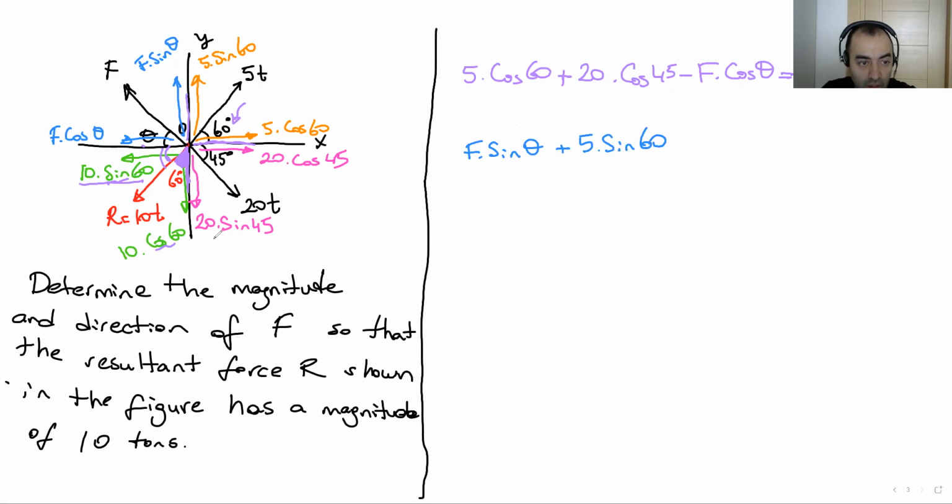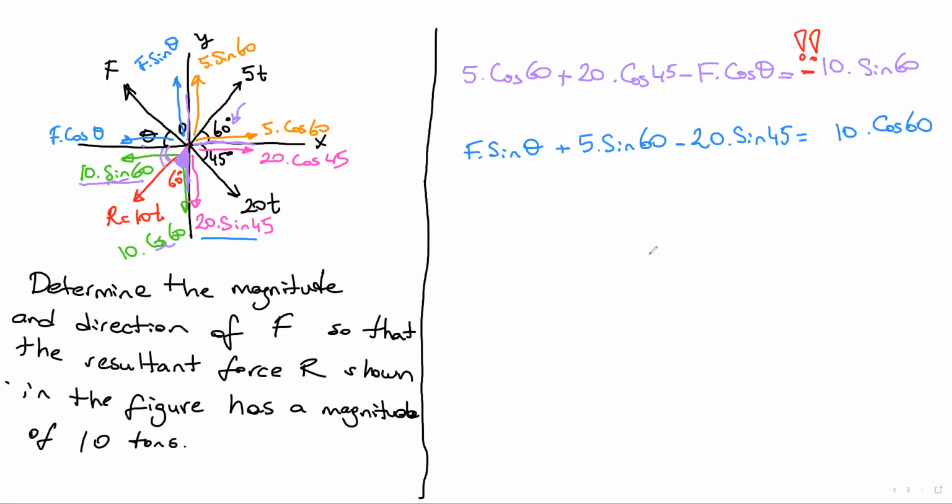In the negative direction, I have this one, minus 20 sine 45, equals what? This part, 10 times cosine 60. Is it positive or negative? Negative. Yes, you're right. It should be negative.